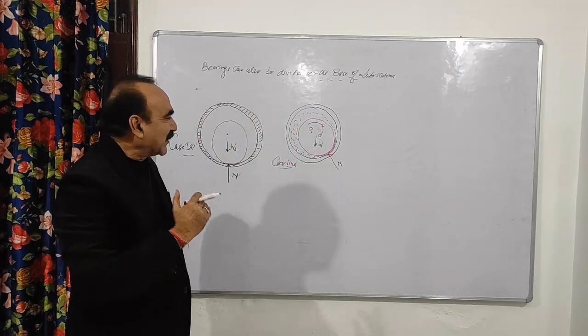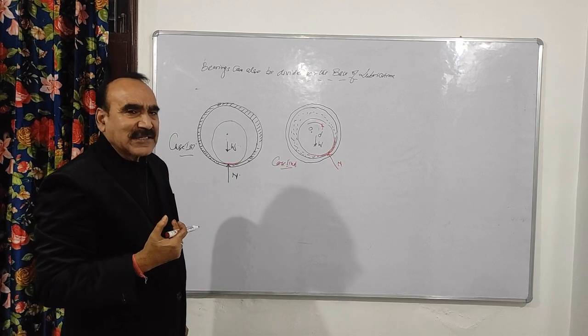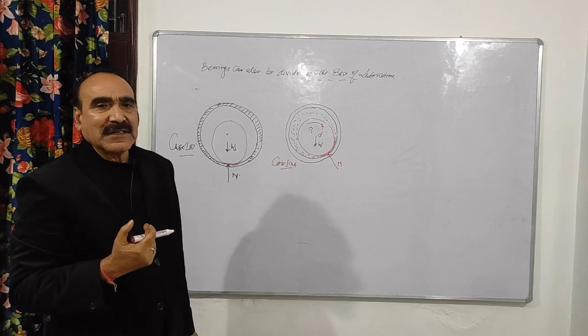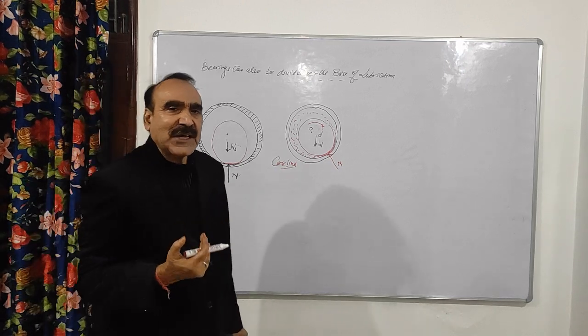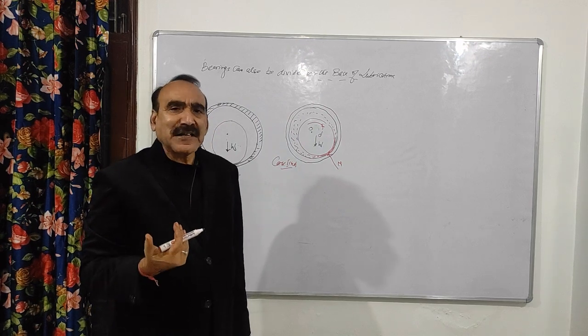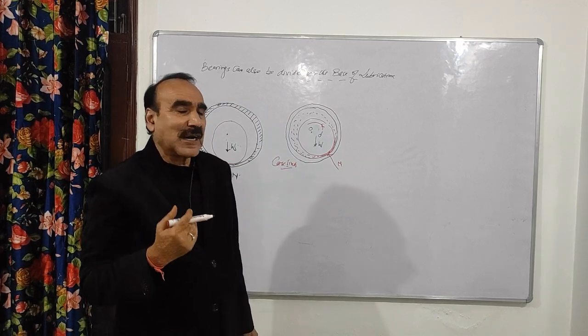Now tell me, when it starts rotating and there is still metal to metal contact, it is not fully separated, so it means that there is a frictional force also. Which force is acting now? There is friction force also.